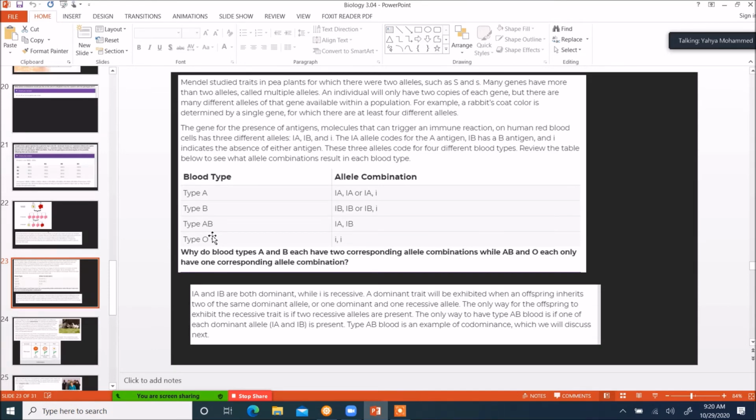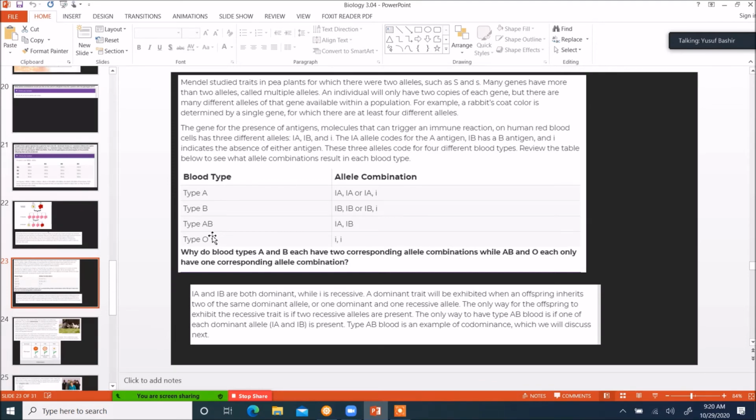Both of them are present and both exert their full effect. One doesn't stop or water down the other. In the previous example, the flower color, one is sort of watering down the effect of the other. You don't have the full red flower.